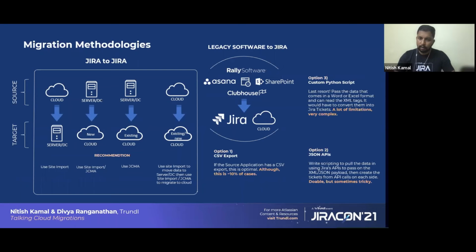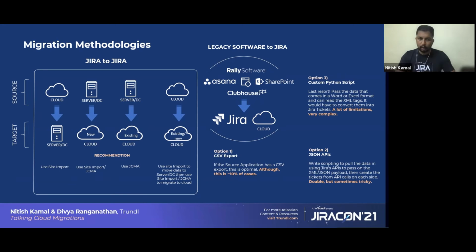The second option, custom scripting. You can use scripting and move over content to Jira using APIs. That is an option. And you also have the JSON API option to perform legacy migration from server to cloud.